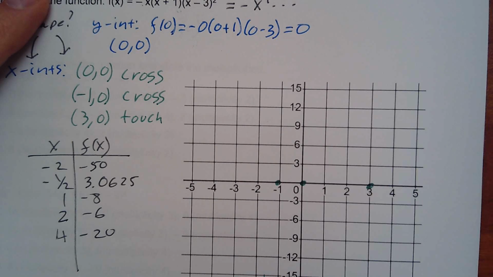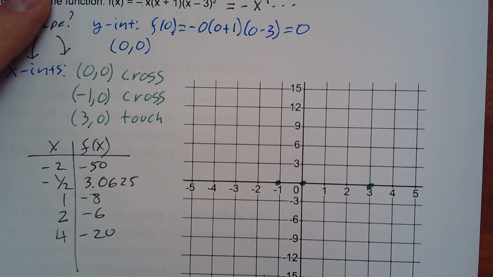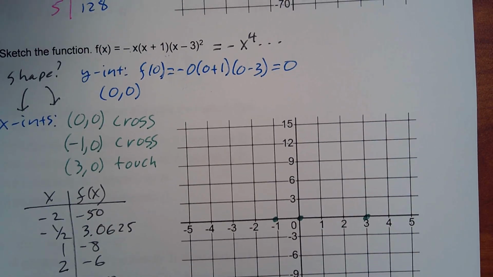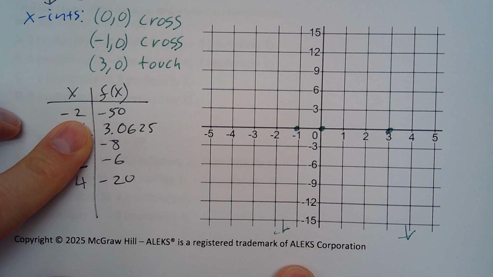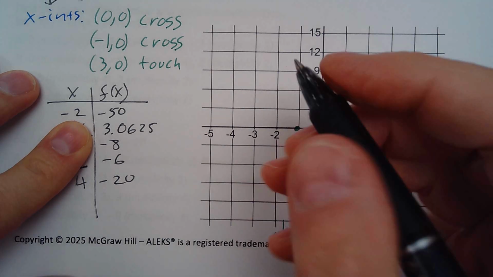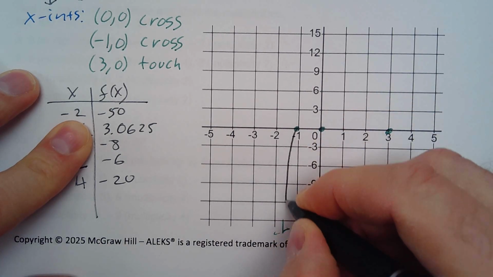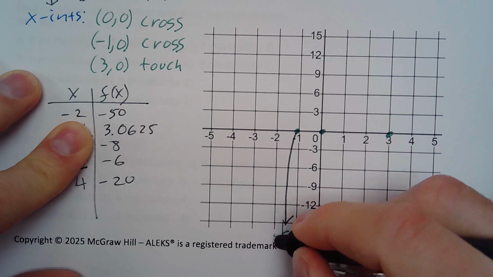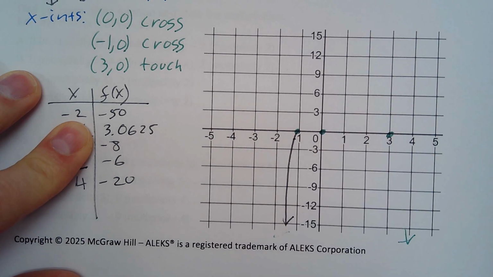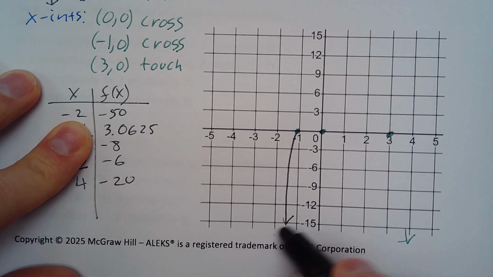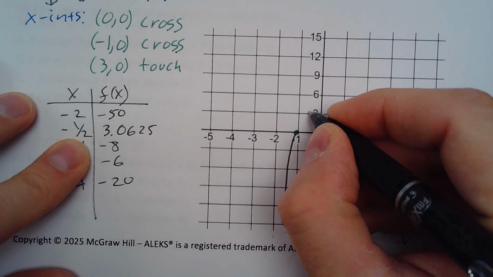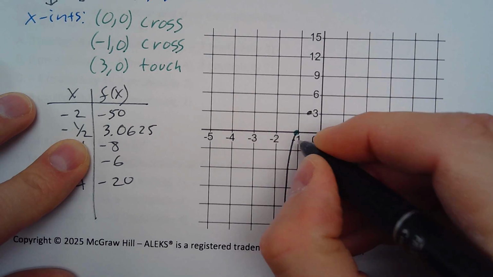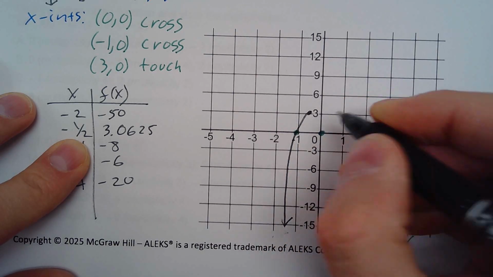Okay, so let's see what we got. So negative 2, negative 50 is off the graph. All right, so I know my graph goes down here and kind of keeps sinking. And way down here, it finally will hit that point. Negative 1/2, 3.6. That's just a hair above that, so might go like that.